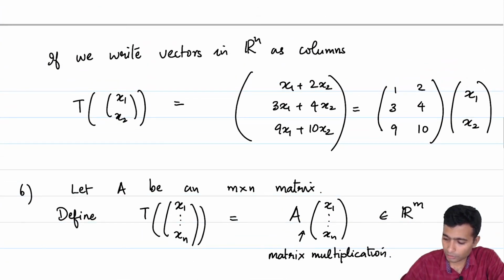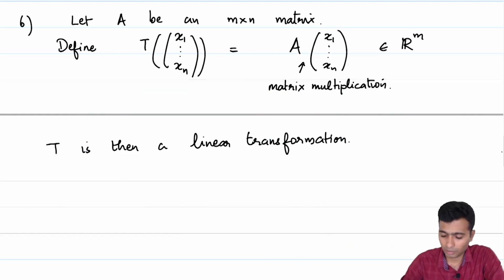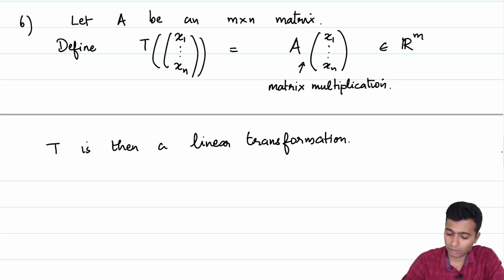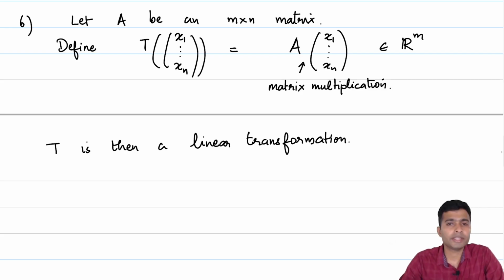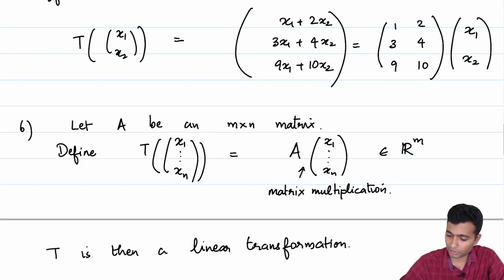The point here is to note that right now we are trying to realize matrices as linear transformations. Later we will see that every linear transformation T can be realized as a matrix. But it is crucial to make this observation right now, that matrix multiplication is indeed a linear transformation.